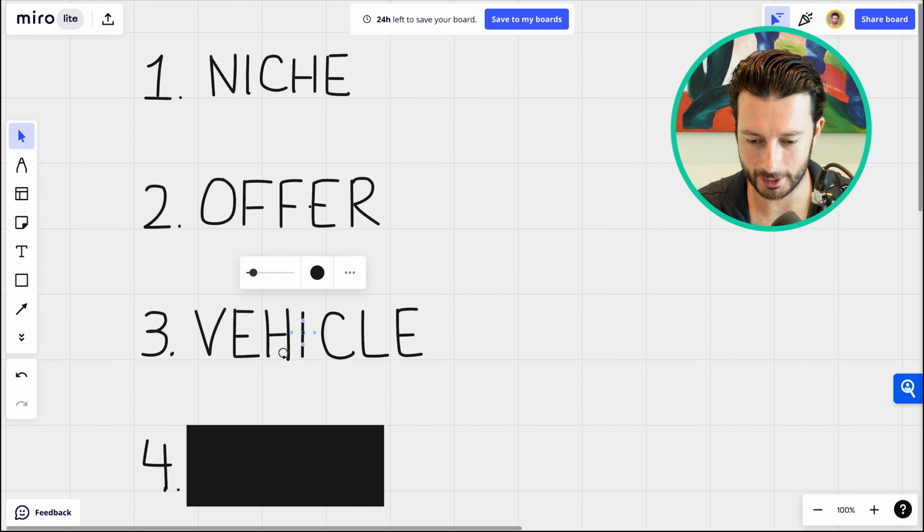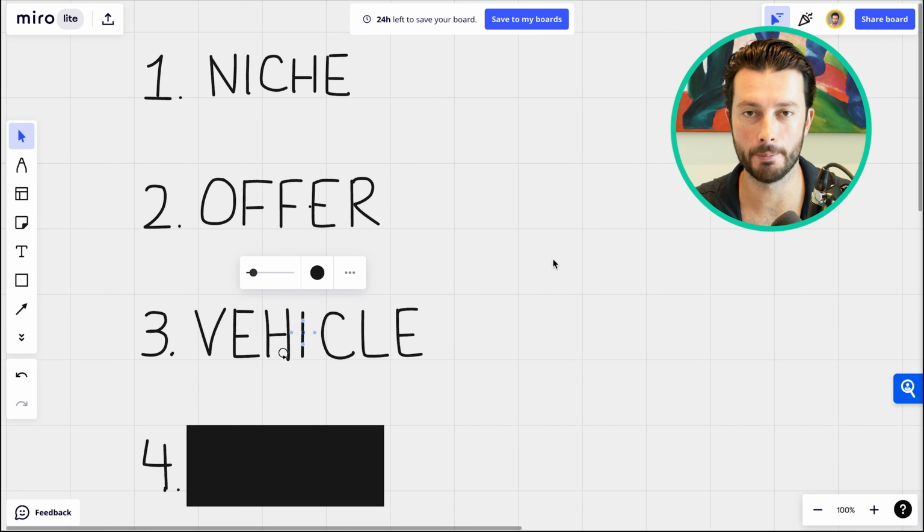Step number 3 is the vehicle. What I mean by this is, what vehicle are you using to communicate with your potential clients, and what I recommend is that you also use the same vehicle to actually deliver the service for your clients. So how you sign clients is the exact same thing that you do to deliver the service for your clients.